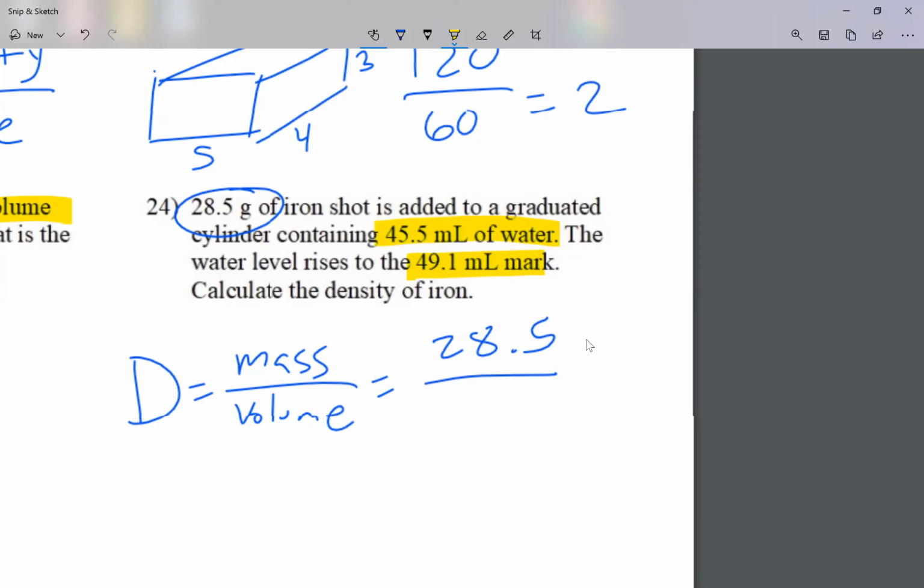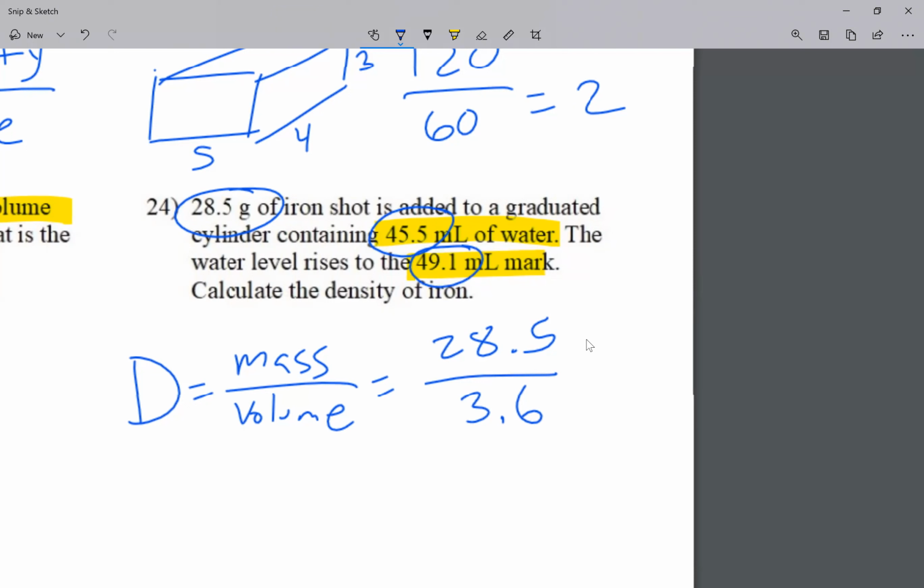So I had 45.5 milliliters of water, just the water. Once I added the iron, my water level went up to 49.1. So I'm going to say the volume of my iron here is 3.6. You guys might be wondering, where did that 3.6 come from? Subtract those two values. Remember, the 49.1 is the water with the iron. 45.5 is just the water.